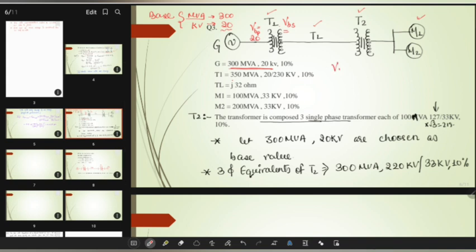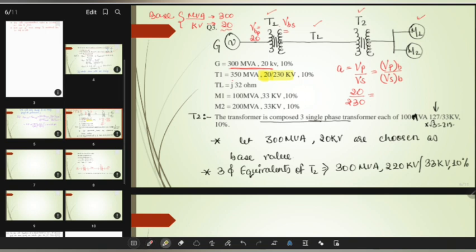How? See, what is the transformation ratio? That is Vp by Vs is equal to Vp base by Vs base. Now what is Vp? Vp is 20 here. What is Vs? That is 230. Okay, so Vp is 20 and Vs is 230.